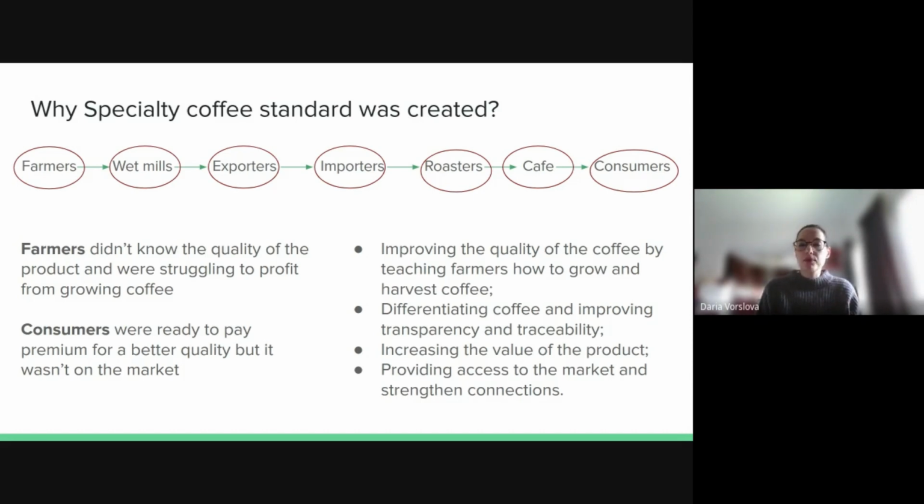And actually, I think few people think about it, but it's a lot of work, a lot of effort from the farmer, wet mill, exporters and importers to communicate, to collect this information from the farmer and deliver it through the whole supply chain to the coffee roasters, to the cafes, to the consumers. It's a lot of effort, because you need to get data from the farmer, then write all this information according to some text structure and put it on your website.